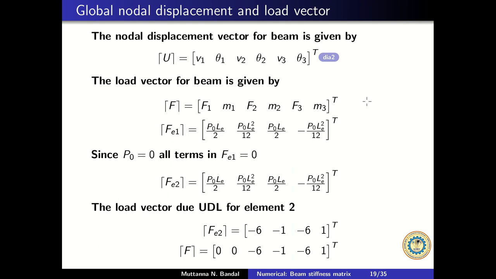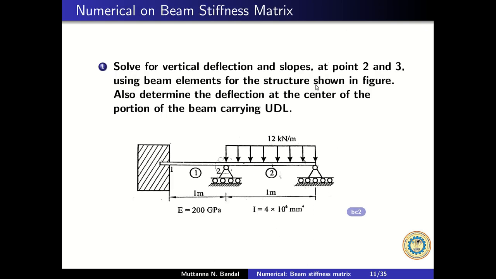Once the global stiffness matrix is formed, I'll go for the nodal displacement vector, and for that I have to find the boundary conditions and substitute those values. Let me go back to the model. Since it is fixed, v1 and theta 1 are 0. It is a roller, so only v2 will be 0, theta 2 will have some value.